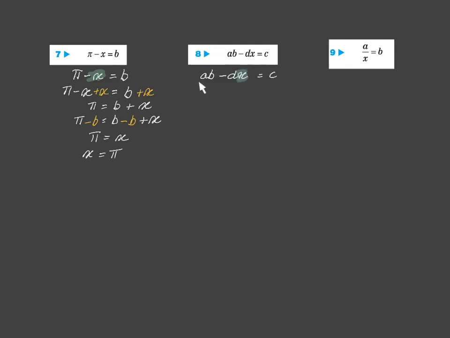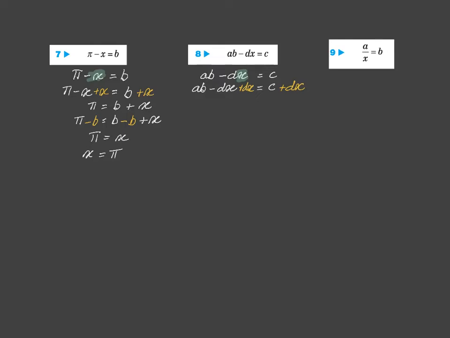Question 8 has the same situation. It's ab minus dx is equal to c. X must be the subject. Our x term is negative, so we're going to add that term to both sides. Add dx to both sides. On the left we add dx, and on the right we add dx to balance it.